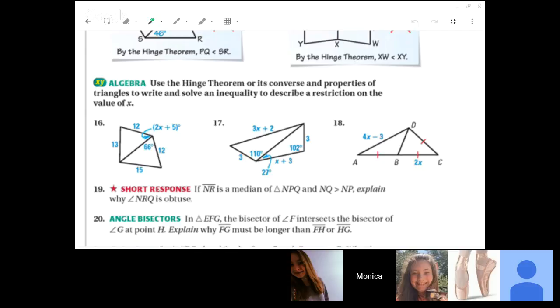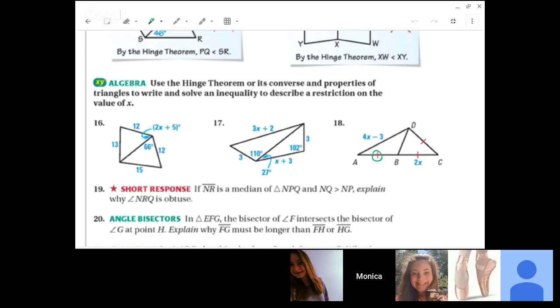we can see that these three sides are all marked congruent, right? We have AB, BC, and CD are all marked congruent. So when we use the hinge theorem, we have to know that the two triangles have two congruent sides.